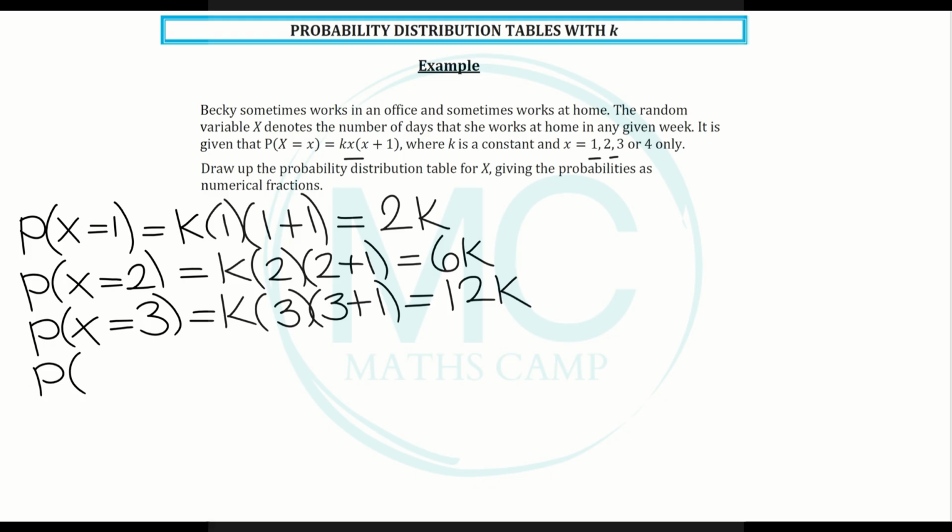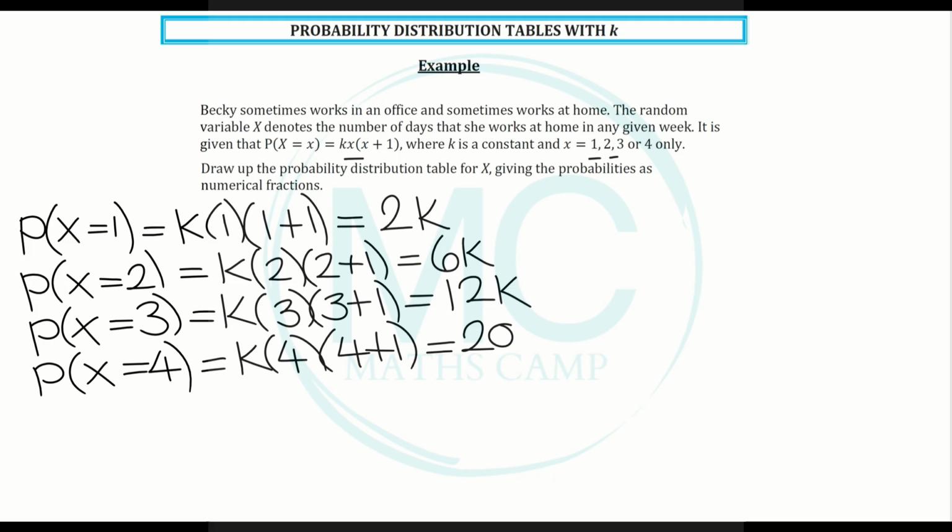Probability that x is 4 is equal to k multiplied by 4 multiplied by 4 plus 1. 4 plus 1 is 5, multiplied by 4 gives me 20. So I have 20k. These are the respective probabilities.